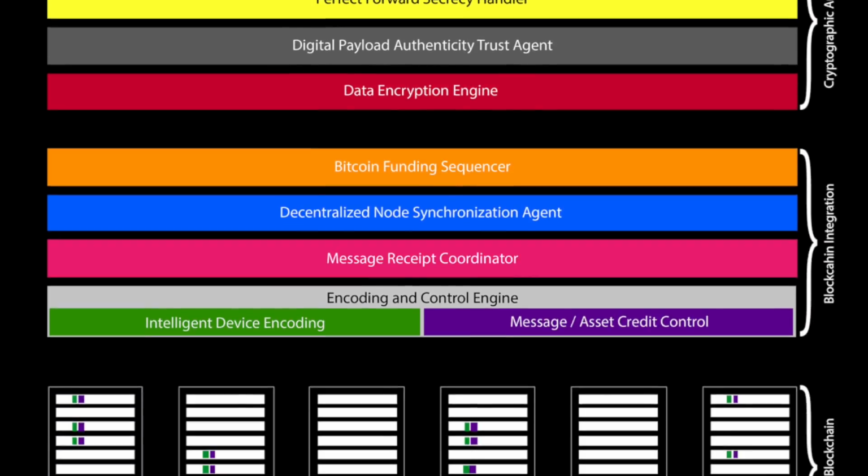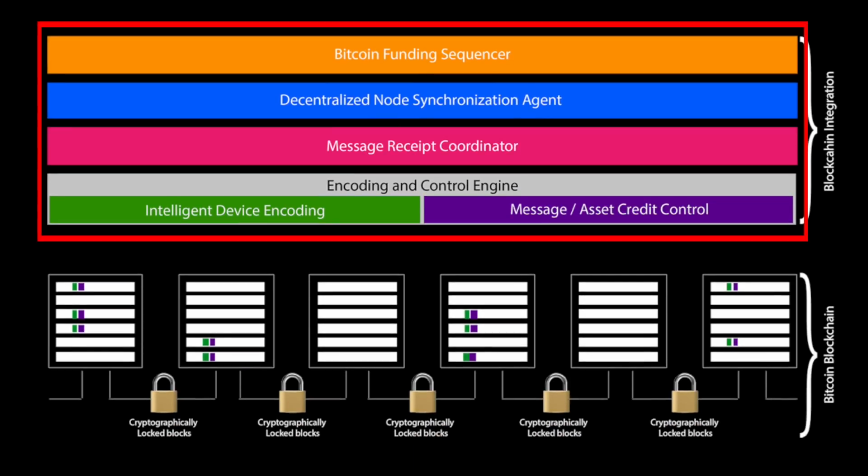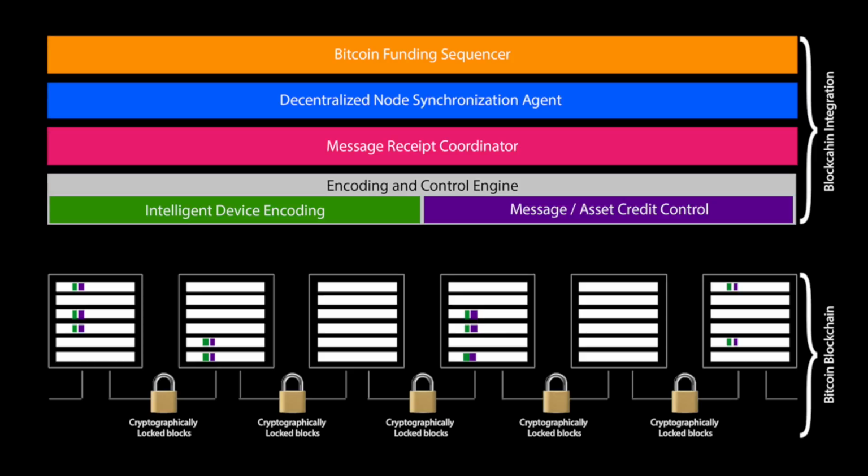Bitcoin blockchain integration. Catenis integration is lightweight because it is able to encode the Catenis system state on the actual Bitcoin blockchain. Not only are devices represented by blockchain addresses, but so are all messages, assets, transactions, Catenis credits for both messages and assets, and so on.